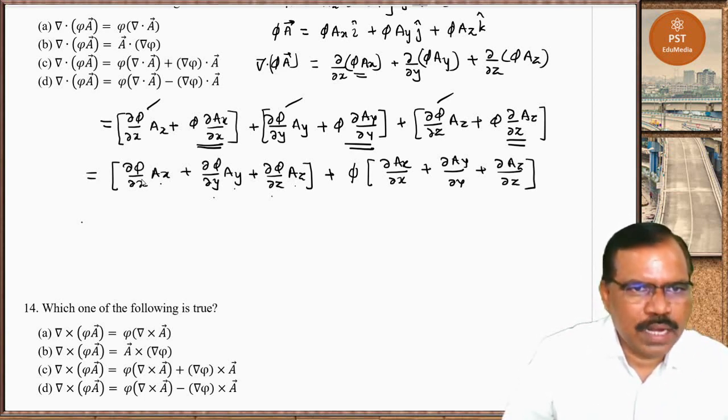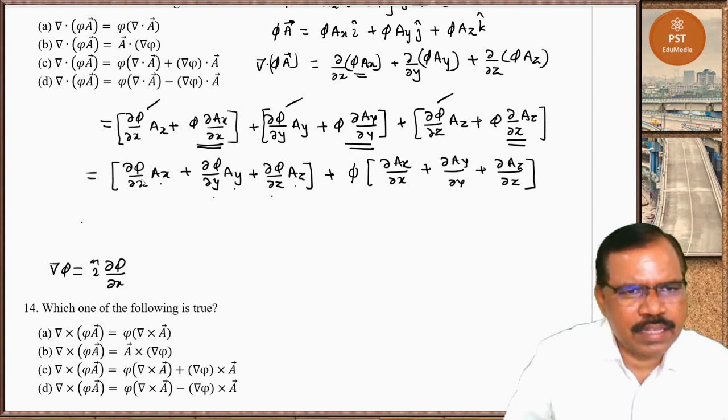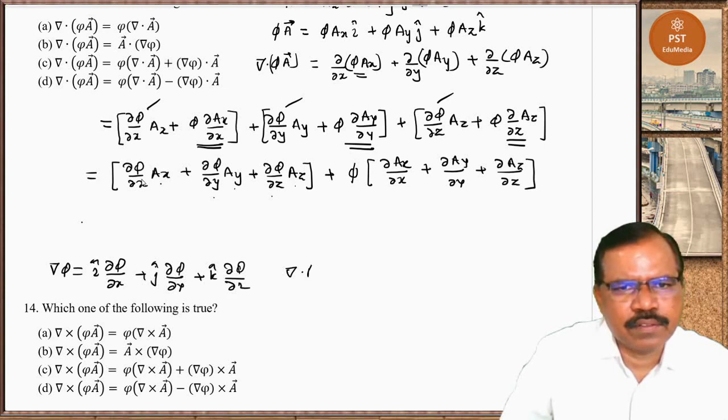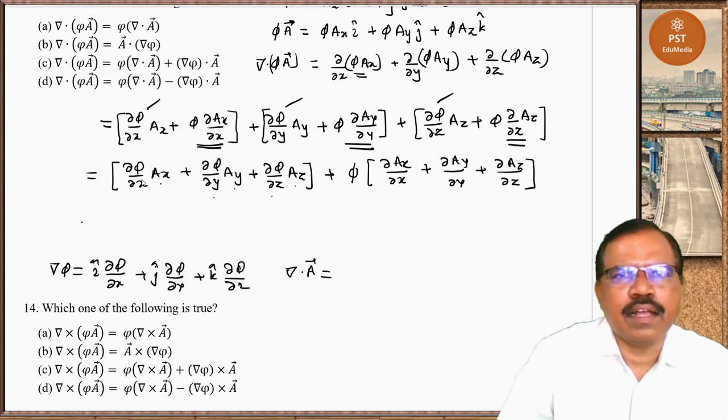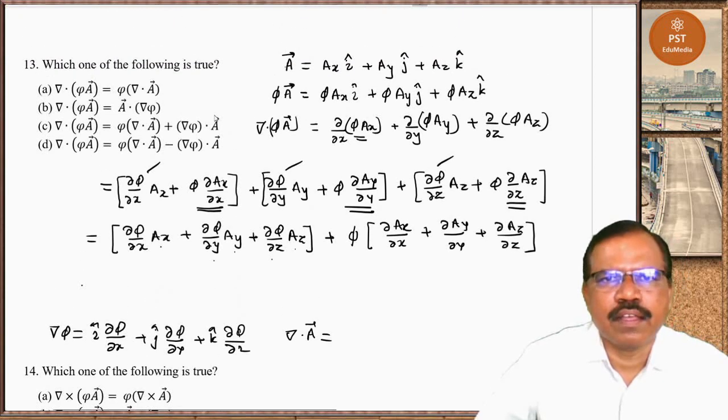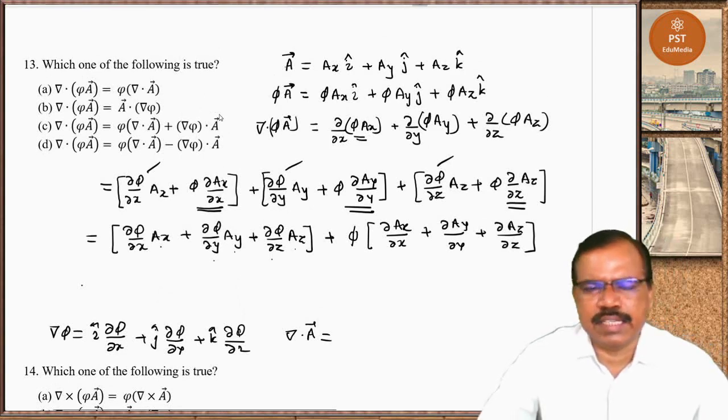And what is del phi actually? Del phi is i ∂phi/∂x plus j ∂phi/∂y plus k ∂phi/∂z. And what is del dot a? A is a_x i plus a_y j plus a_z k.